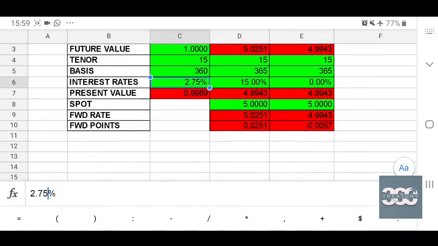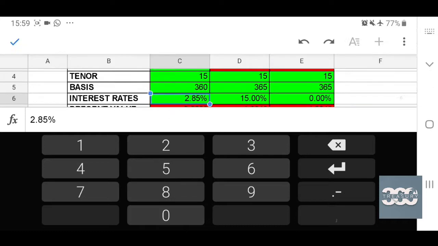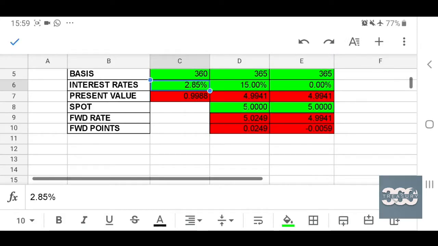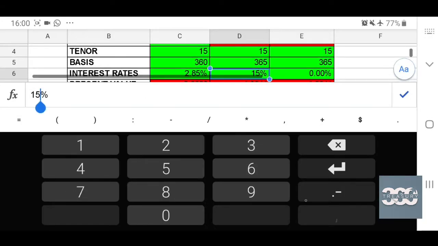So we pick this rate and turn it into 2.85 for 15 days. And perhaps we might also change the interest rate to a 15.15, for example, or 10 is okay.